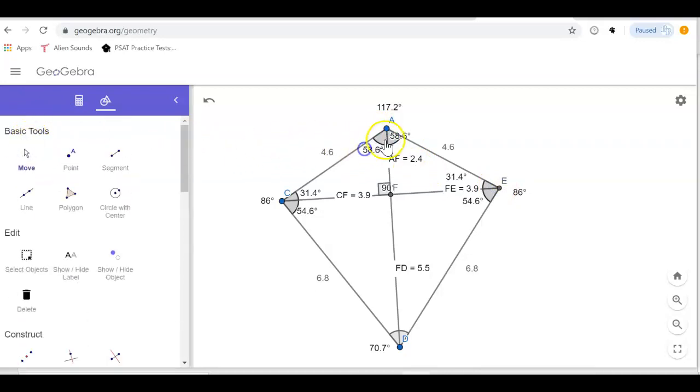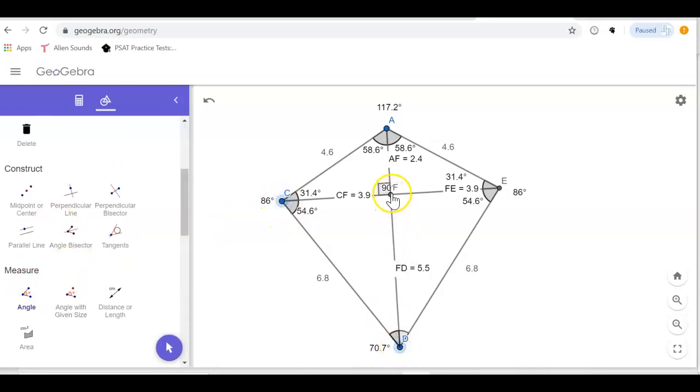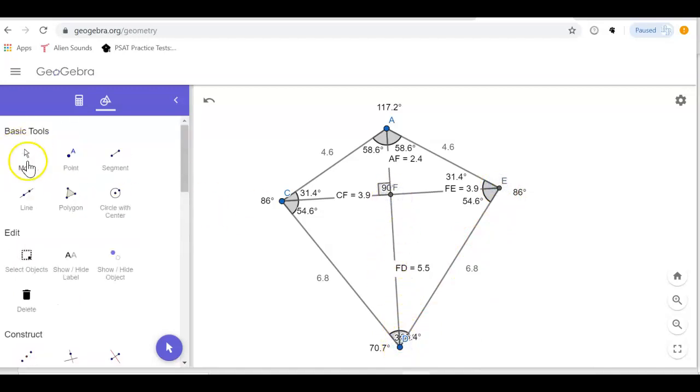So although their opposite angles are not congruent, those are congruent, which means when I measure the other ones, these end up being congruent, right? So it's one of those things where you have to know what angles end up being congruent, and using the isosceles triangles and the fact that you have a perpendicular bisector, there's a lot of things going on with a kite. And again, I like to logically think through a kite versus trying to memorize all the properties.